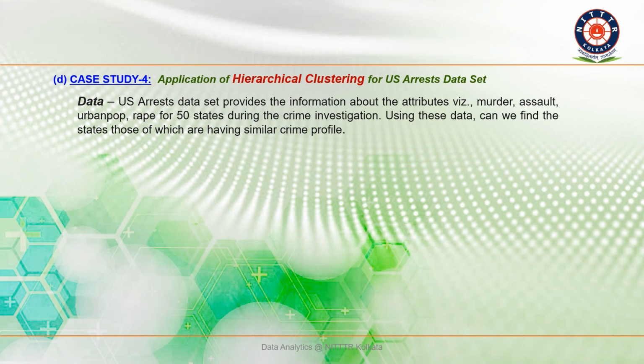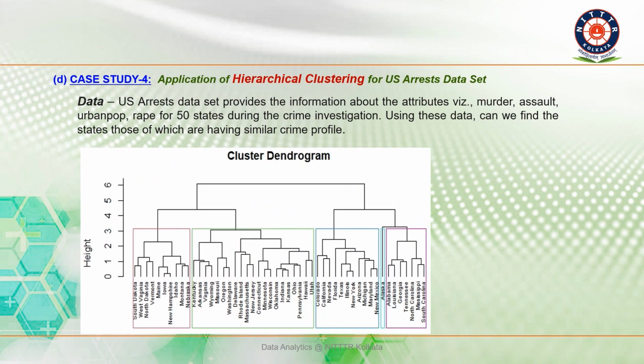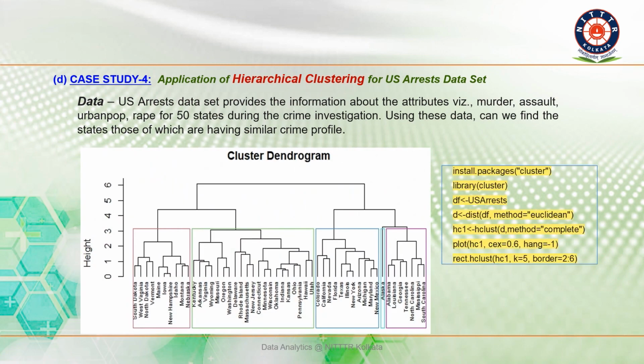Using this data, we can find states which have similar crime profiles, and that's why a hierarchical clustering technique has been introduced and a cluster dendrogram has been generated. From this dendrogram, if you take the height, that is distance, proximity value 3, then you will get 4 different clusters marked by 4 different colors in the graph.